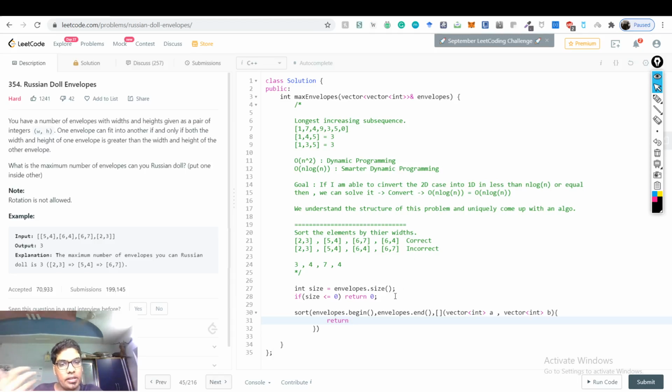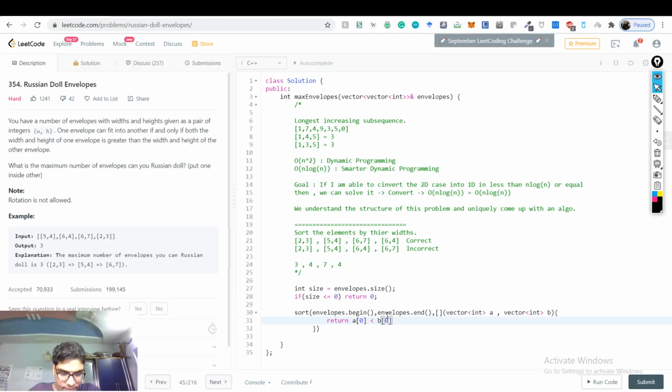Now we first need to sort by the width in ascending order. So a[0] is the width in this element, and b[0] is the width in this element. If b[0] is greater, then we return true. This is one condition.